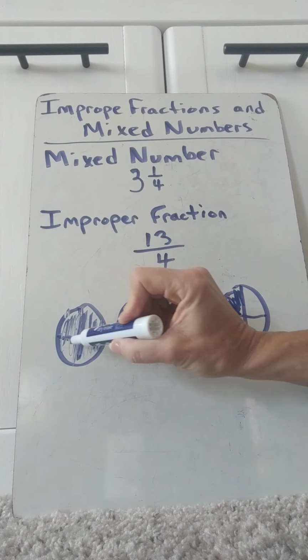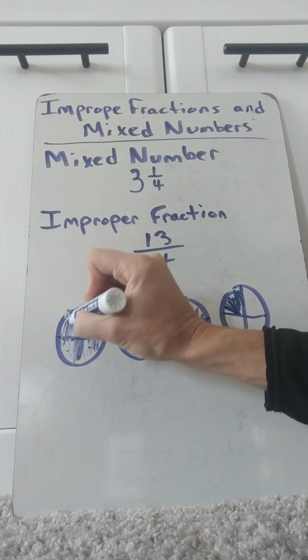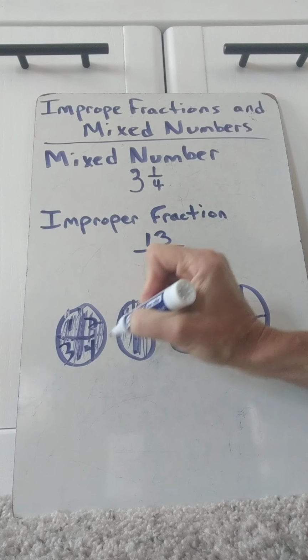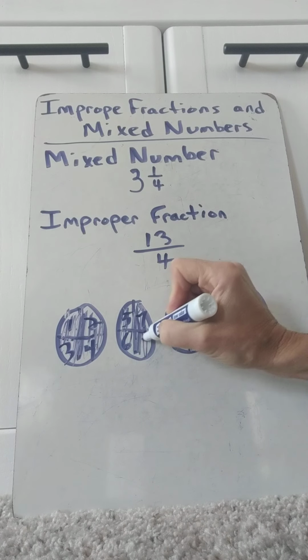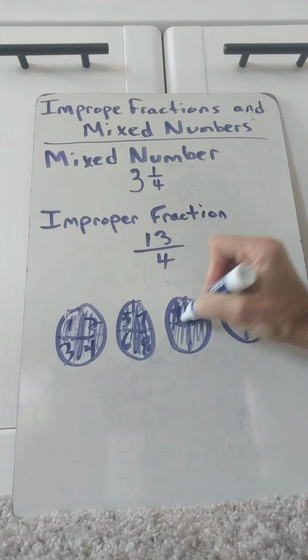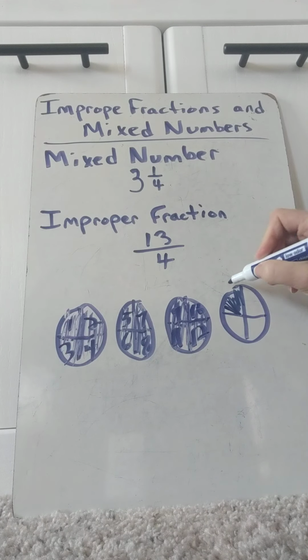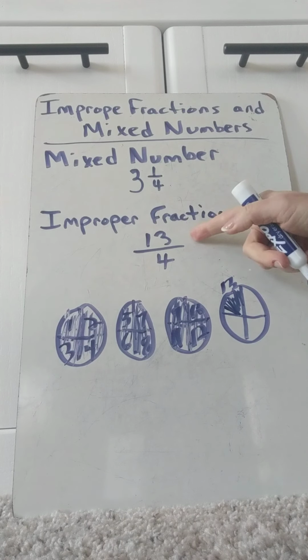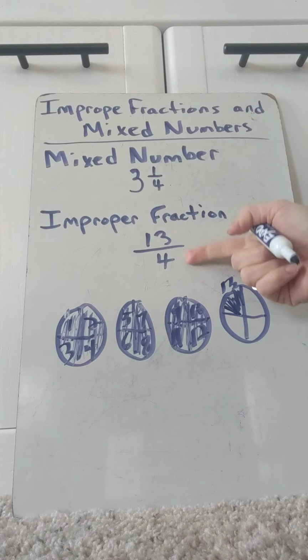I can even number them. 1, 2, 3, 4. Then this was 5, 6, 7, 8. This is 9, 10, 11, 12, and this one here is 13. I shaded in 13. Okay, 13 of them are shaded in, and my equal parts stays the same.